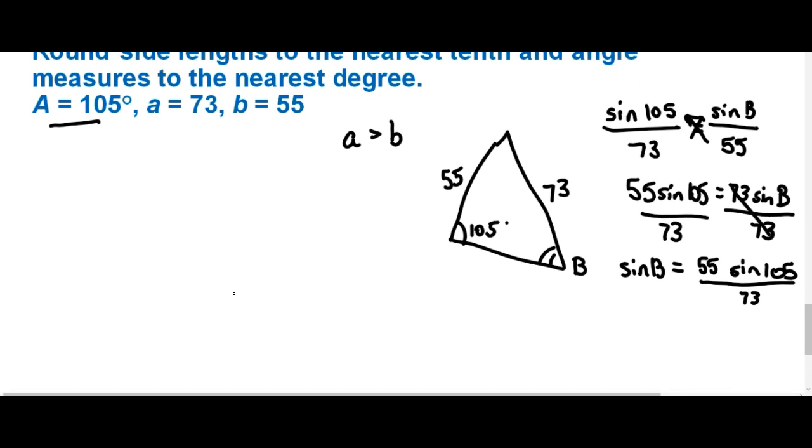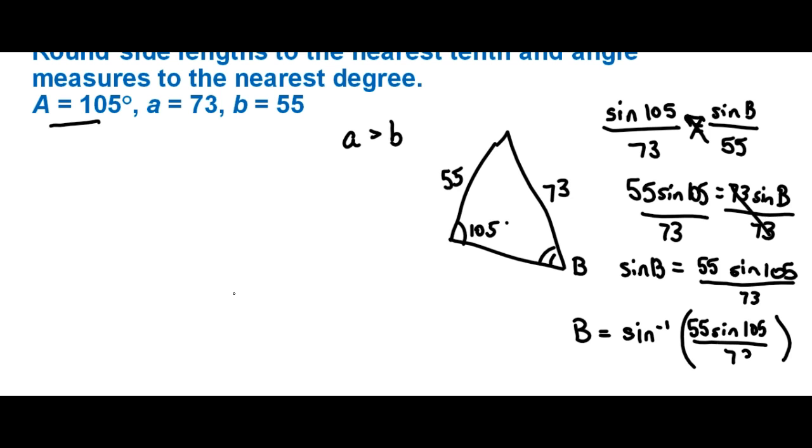If I take the inverse sine of both sides, B is going to be equal to the inverse sine of 55 sine of 105 over 73.